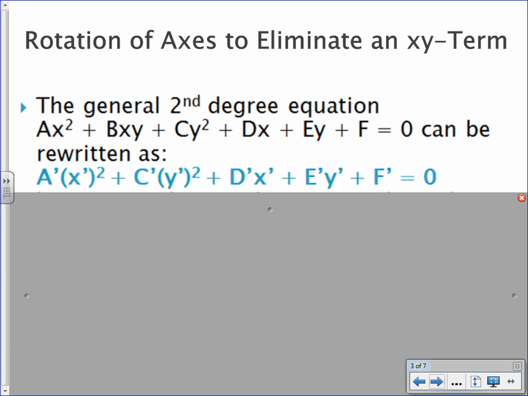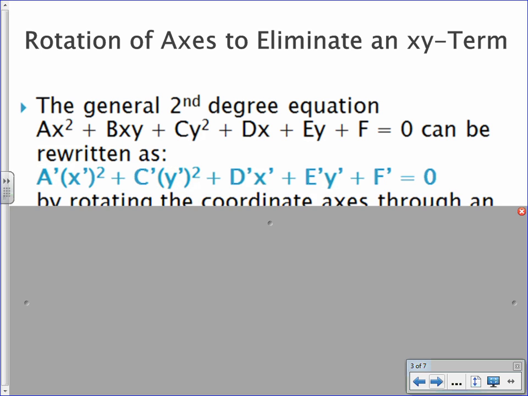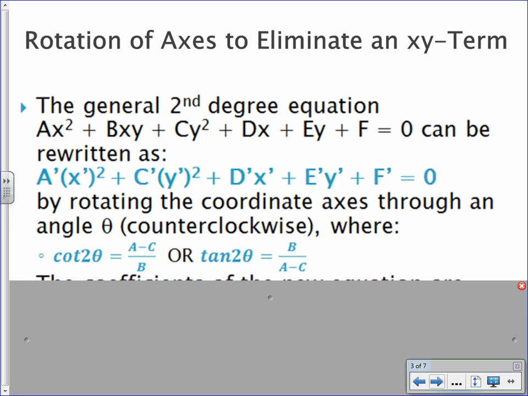In order to change our variables, we're first going to need to know how far we've been rotated. We're going to rotate our axes by theta counterclockwise, and this is how we're going to determine theta. I know this is kind of boring right now, but we got to get some of the groundwork laid.